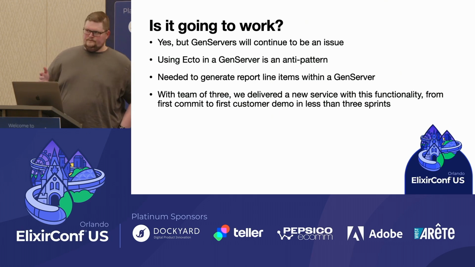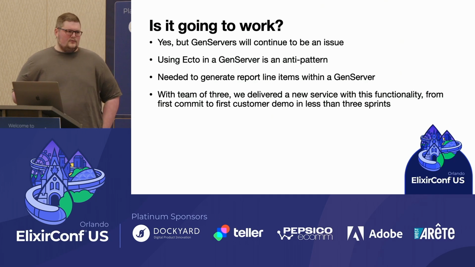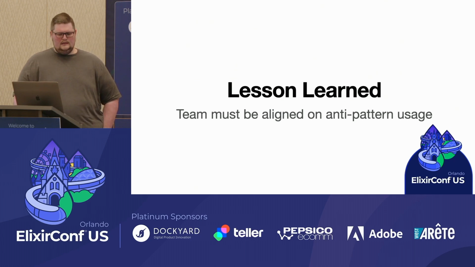So our product team was pretty happy. They were surprised that we were able to move that quickly. All of you know that Elixir gives you superpowers, and you're able to just be really productive. But the lesson here is that everyone needs to be aligned on your team.